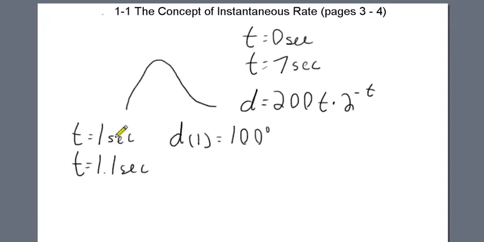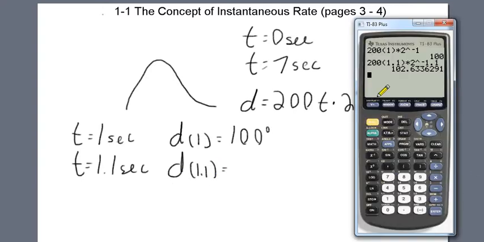Now, you'll see this function notation a lot in calculus, so you've got to get used to it. d of 1, which means degrees at 1 second, equals 100. And then we have d of 1.1 equals 102.6336291. Let's go out to 3 decimal places, 103.634.